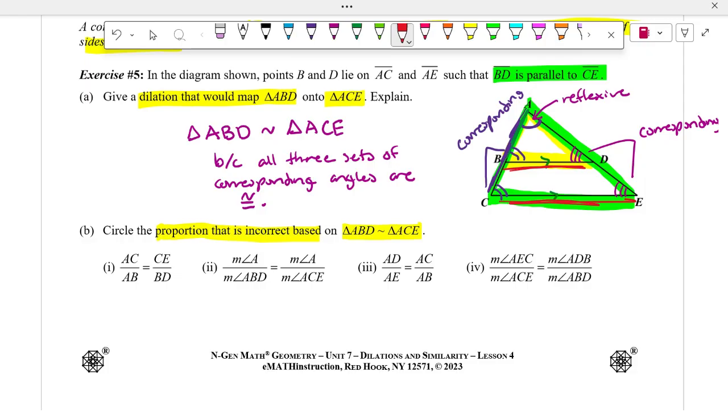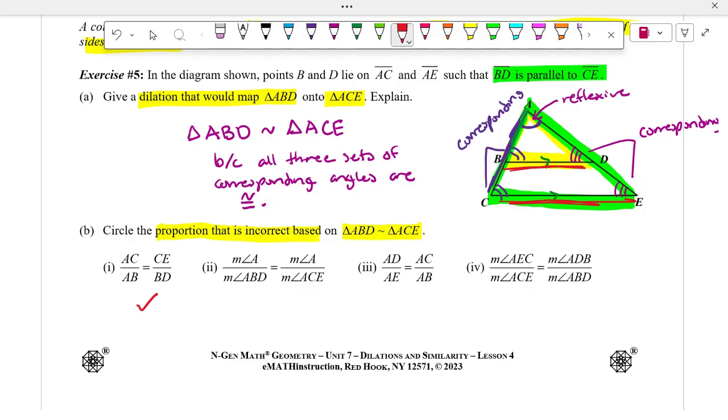But what we need to check is to make sure that the way they stated the proportion matches the way they stated the first proportion. So if we go back to the first proportion, the numerator is coming from the bigger triangle, the denominator is coming from the smaller triangle. So the same thing has to be true over here. Is CE from the bigger triangle? Yes. Is BD from the smaller triangle? Yes. So this proportion is correct, so it's not our answer.